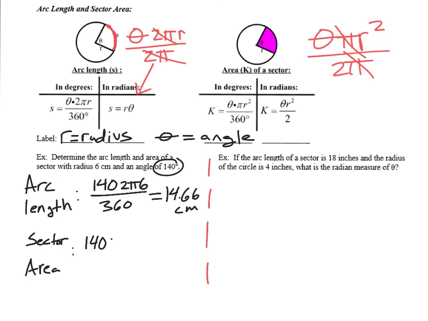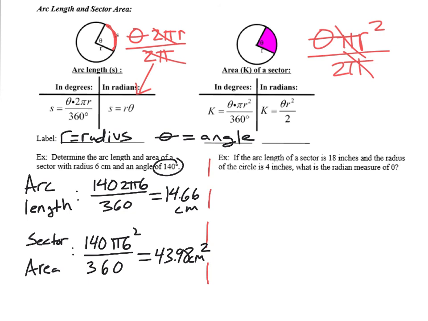So for area, 140 pi times 6 squared over 360. Again, that's a calculator piece. Just throw it in. Should get 43.98. Remember, units on this one, it's area, so squared units, because one is measuring area, one is measuring length. So you see that show up with the units.